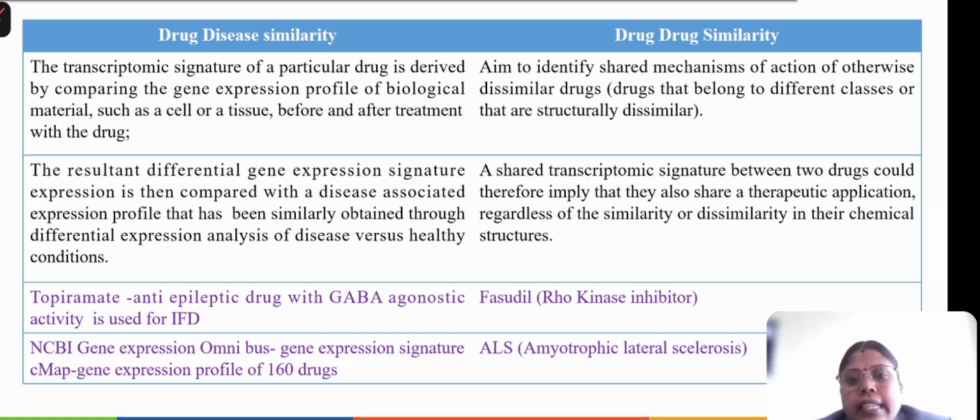That should be the similarity. So it can imply that they also share a therapeutic application, regardless of the similarity or dissimilarity in their structures. Fasudil is a Rho kinase inhibitor, a ROCK inhibitor. Now it is used for amyotrophic lateral sclerosis.